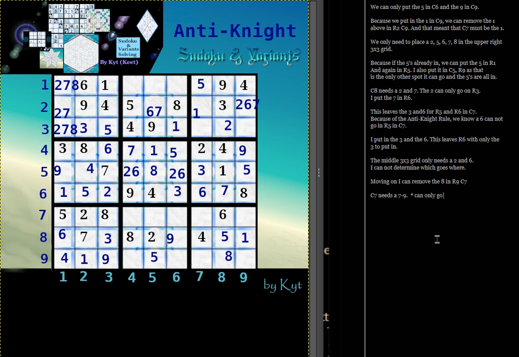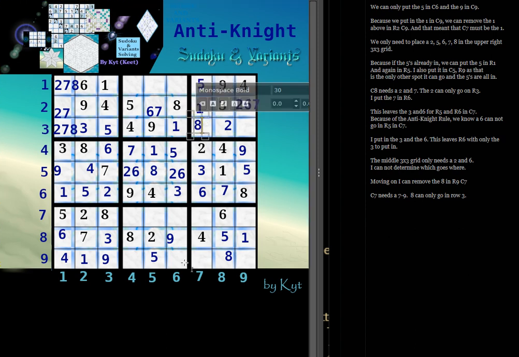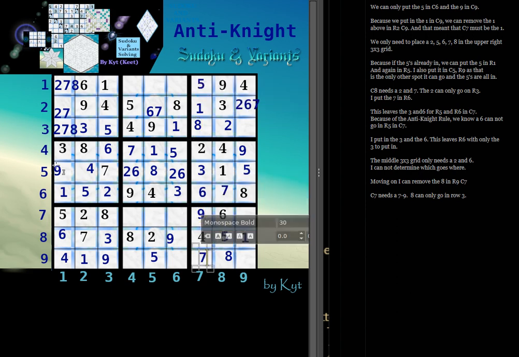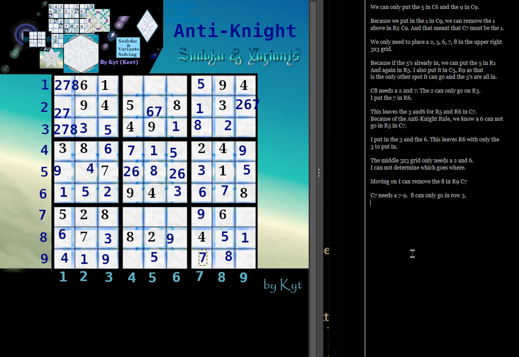Eight can only go in row 3. Nine in row 7 and the 7 in row 9. We already have a 9 in row 9. Is why?